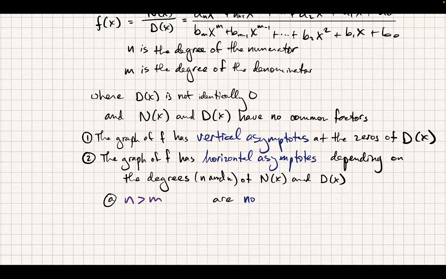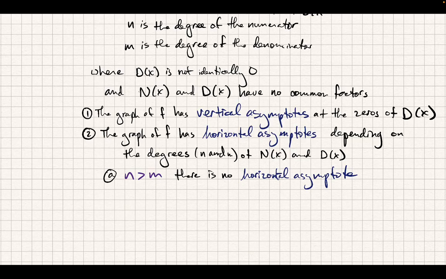Maybe I should say there is no horizontal asymptote. Okay, what's another case? N is equal to M.